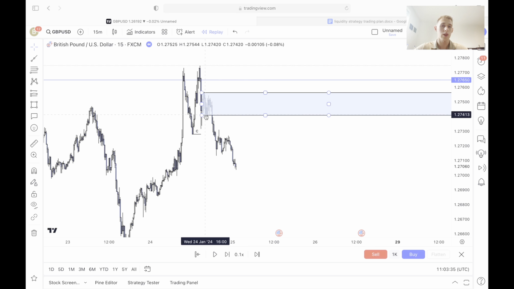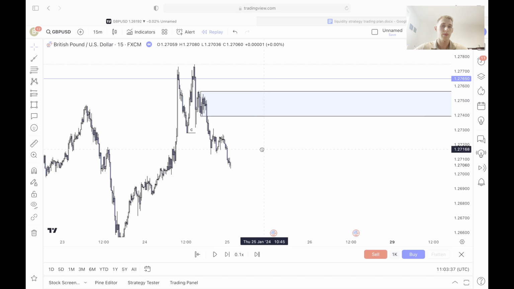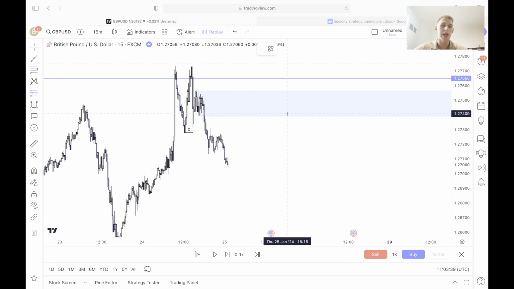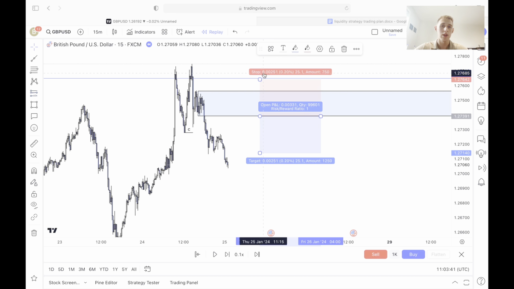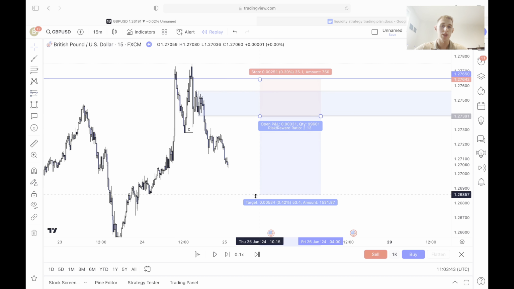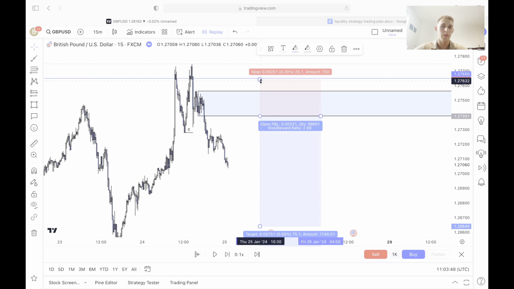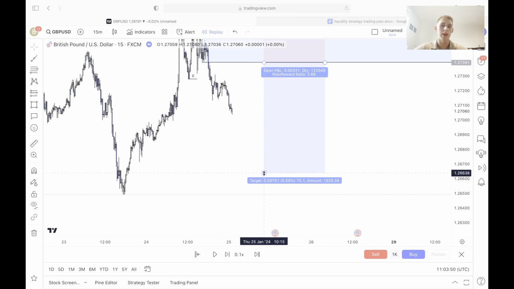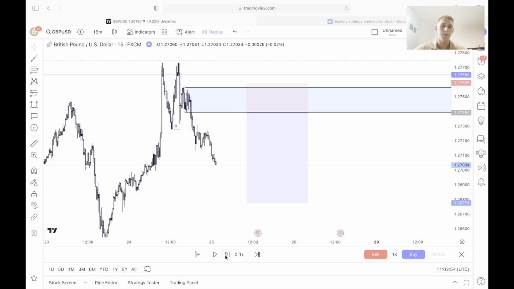So in this case, we can simply set the limit on this zone and target a 1 to 3. Stops just above that zone. 1 to 3 target.